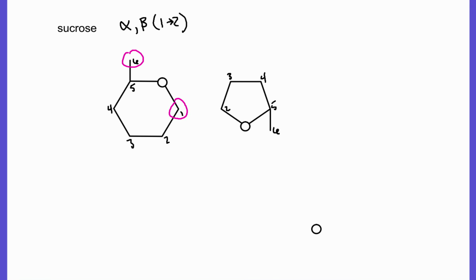So I need to put my oxygen, again, this little oxygen hanging out down here, I need to put it below the ring, right? So I'm going to have this bond headed downward from the number 1 carbon. So that's my alpha. That covers the alpha label and the 1.